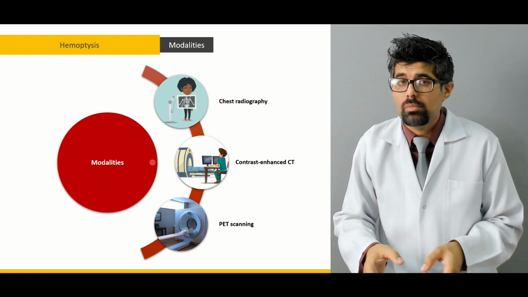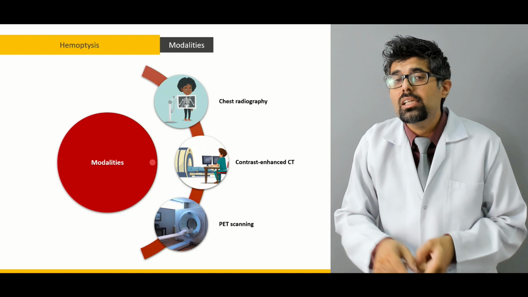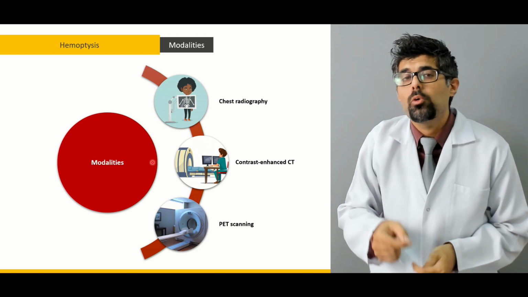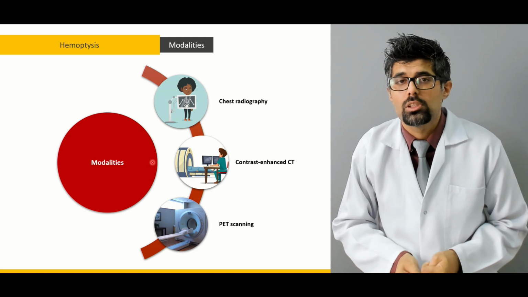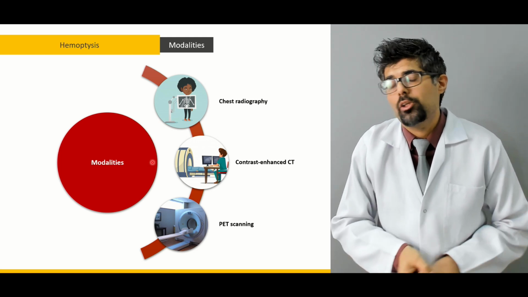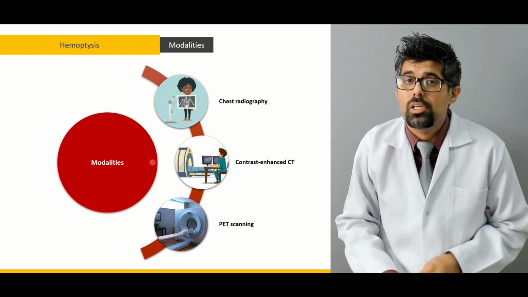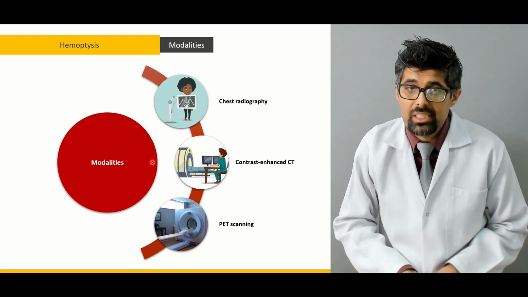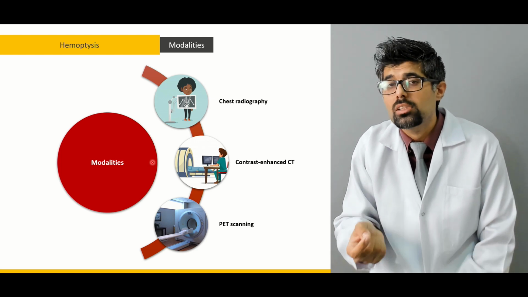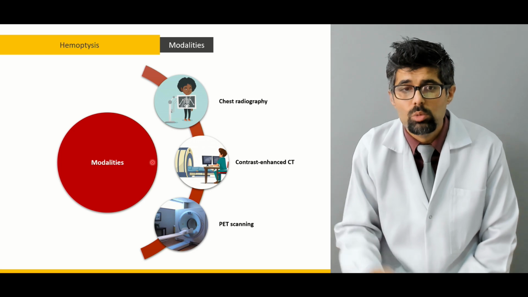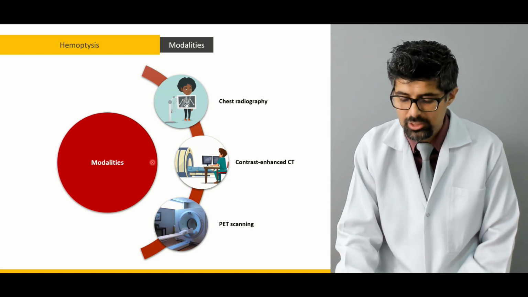PET scan means positron emission tomography, and in this scan we can find out even the tiniest and the slightest of the tumors, and those endotracheal tumors which are the cause of hemoptysis can be diagnosed on the PET scan if they're not diagnosed on the contrast enhanced CT scan. So for hemoptysis we use these three modalities.